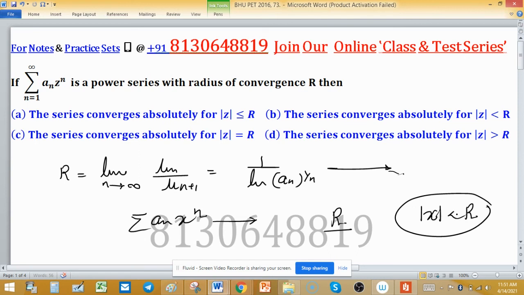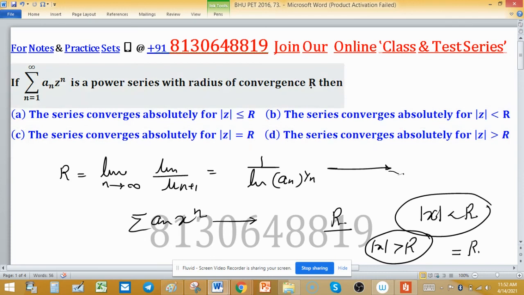But whenever equality holds, the power series may or may not converge, both cases are included, so further investigation is needed. And for mod x greater than R, it is a divergent series.